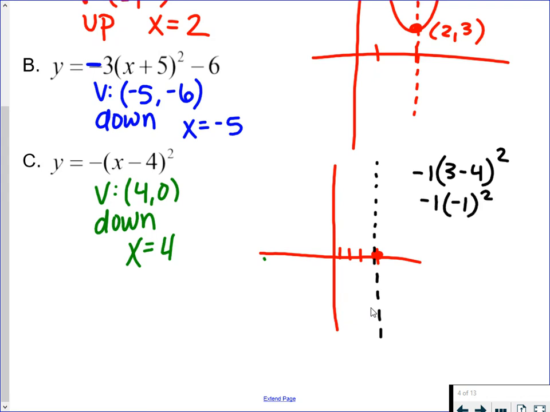But -1 squared is just a +1. But times the negative that was in the front, I get a -1. Okay? So at 3, I'm at -1. Hop across the axis of symmetry. And I have my parabola.